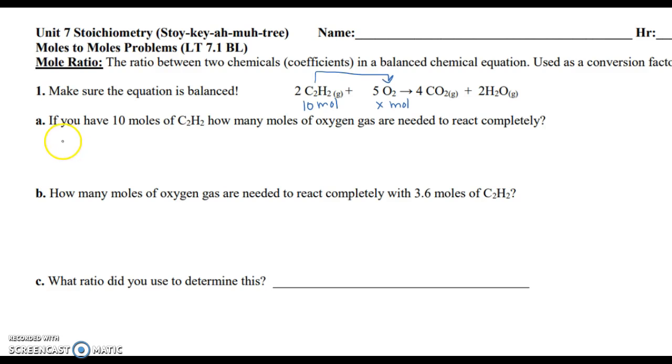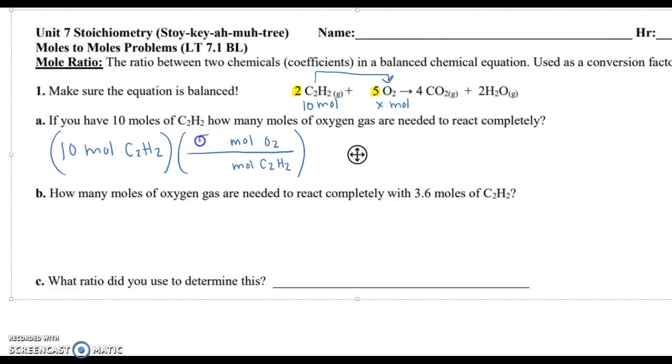So starting with what I have, 10 moles of C2H2. The only unit I have right now to cancel out is moles of C2H2, and I can go from moles of one compound into moles of another compound, so moles of O2 on top. Now I get my values that I put into this right from the coefficients in my equation.